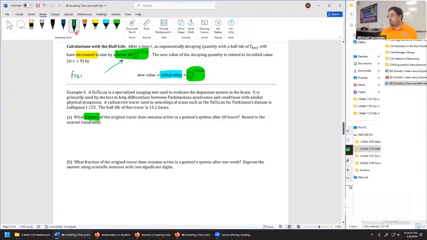So this is the fractional decay. So really strange wording on that. So we'll try to emphasize that as we're going. It seems to be asked again on the next part B.